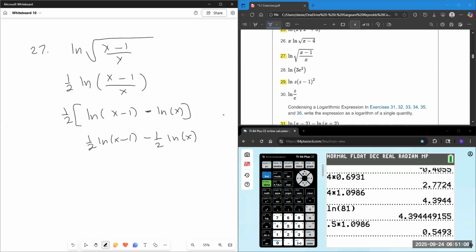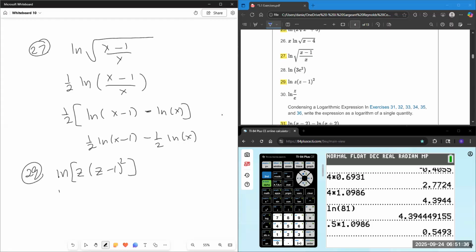In 29, we have ln of, and this should be in brackets here so that you can tell where the log ends. I don't like it when books don't put their logs in parentheses and just write them in italics or whatever and assume that you can see where they end.